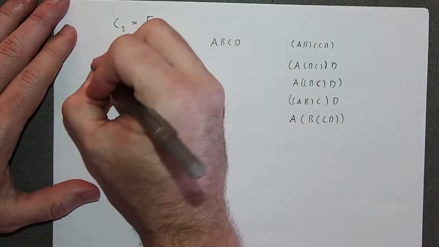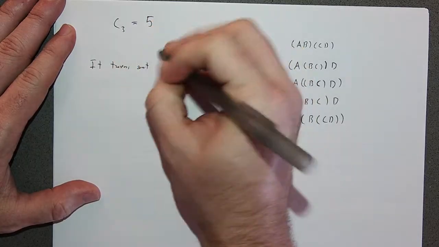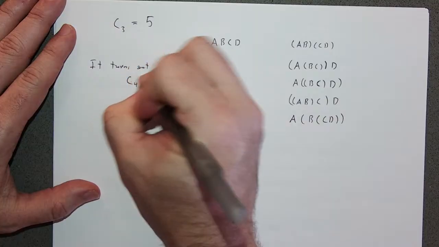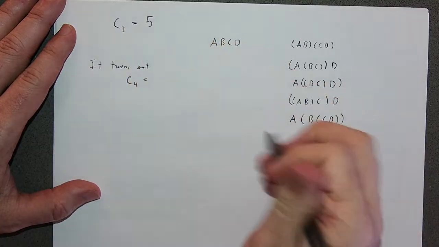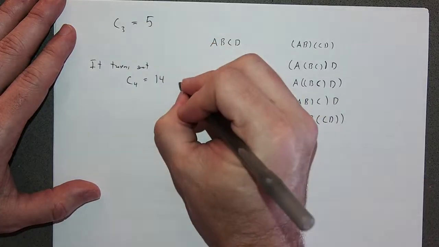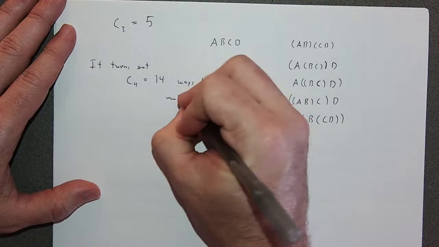Turns out, I'm not going to do it by hand, that C sub 4, so the same question for 5 matrices, it's 14. That is 14 ways to multiply 5 matrices.